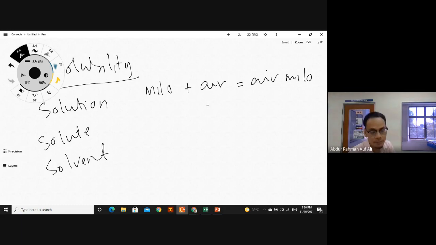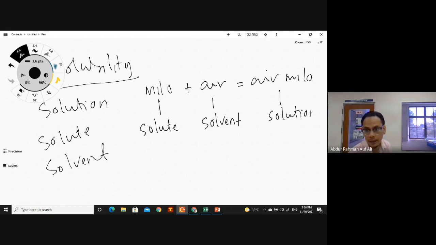So these are the terms equals to these three terms here. Okay, nama-nama ada. Milo in this case adalah solute, bahan yang akan larut, bahan terlarut. Air here in this case adalah pelarut, solvent. Air Milo adalah solution, bahan yang mempunyai bahan terlarut. Okay, so these are the terms yang saya nak kamu faham bila kita nak discuss tentang solubility.